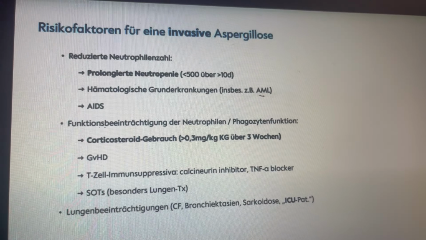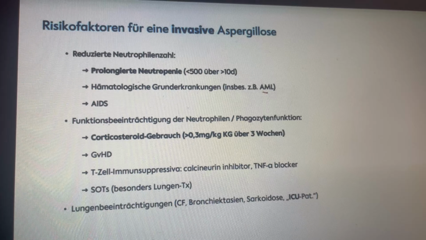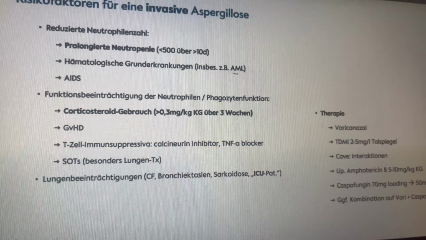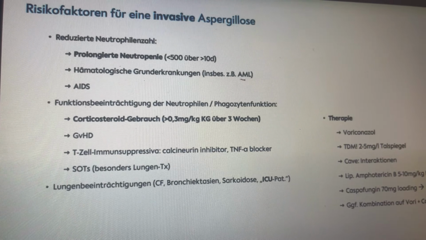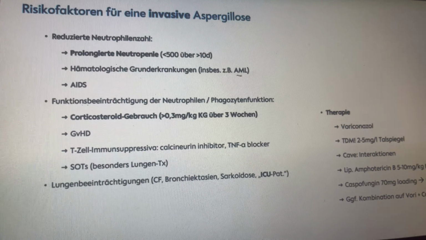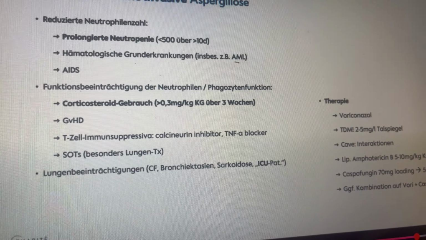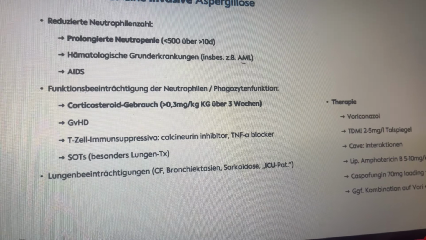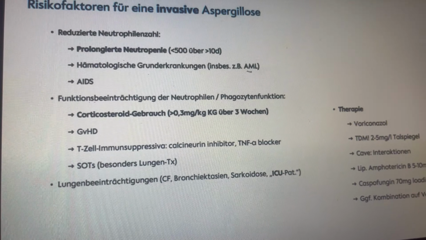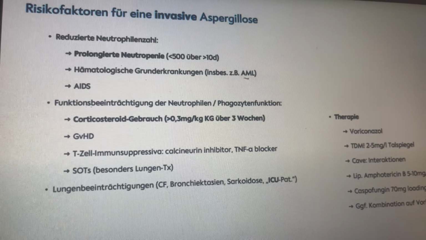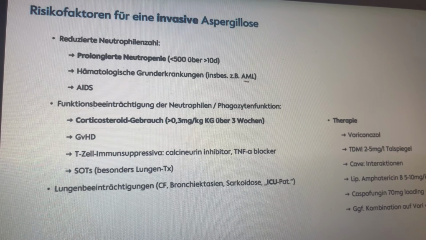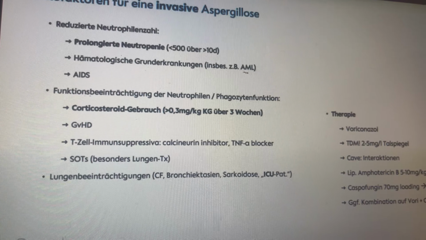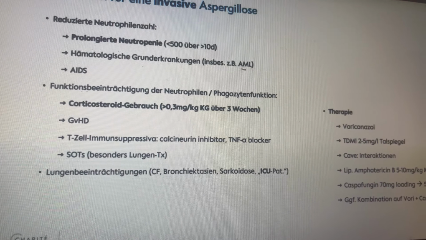A small aspect for the Aspergillus infection in the lungs, and who are the risk patients: the patients who are neutropenic, who are immune compromised, like leukemia patients or AIDS patients, and who are under corticosteroid therapy, or who are under immune suppressive TNF alpha inhibitor, or even the patients who are chronically sick, like with cystic fibrosis, sarcoidosis, and even the ICU patients.